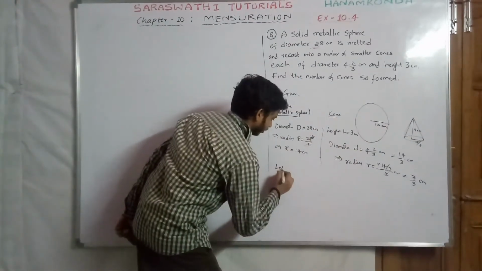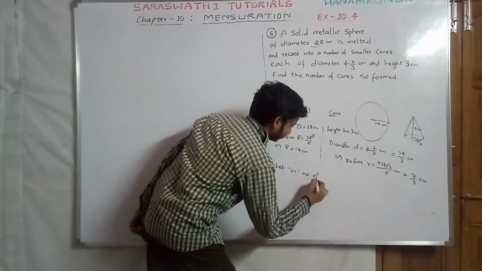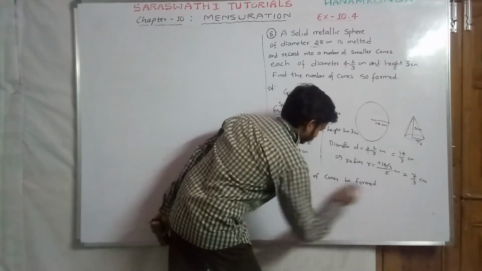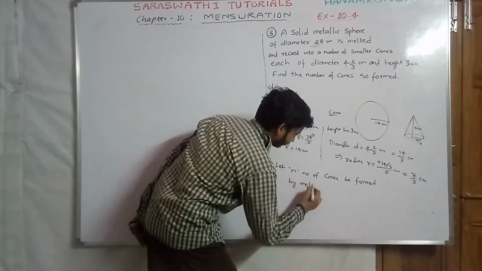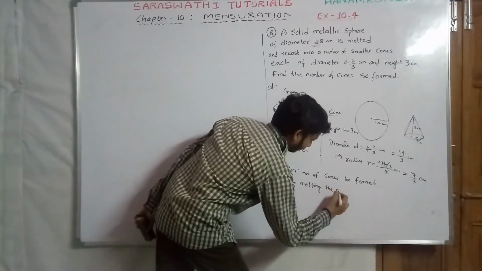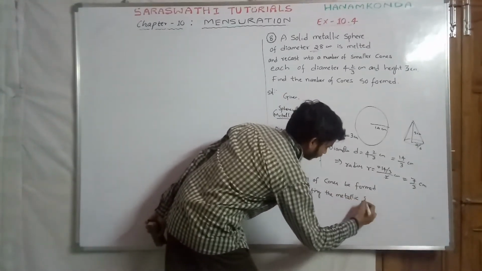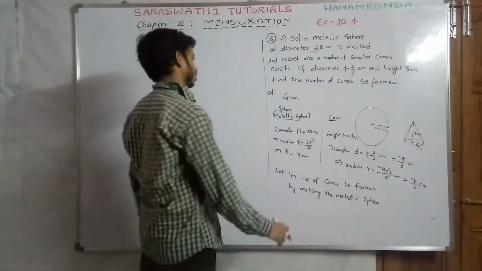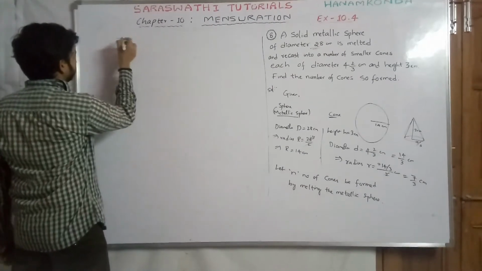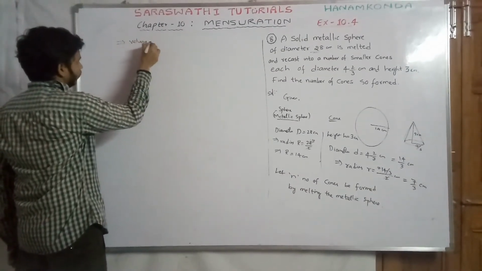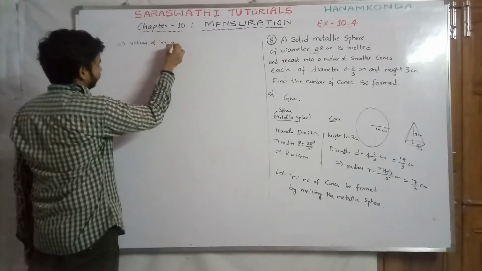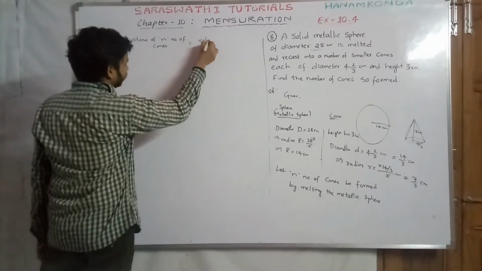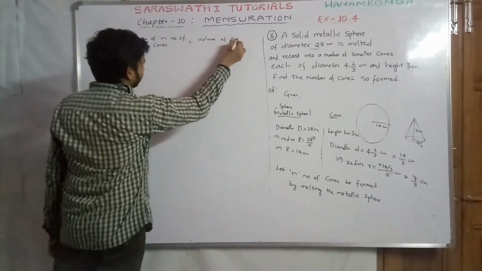The volume of these n cones must be equal to the volume of the metallic sphere.